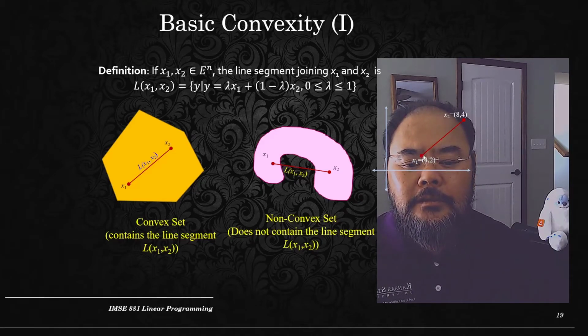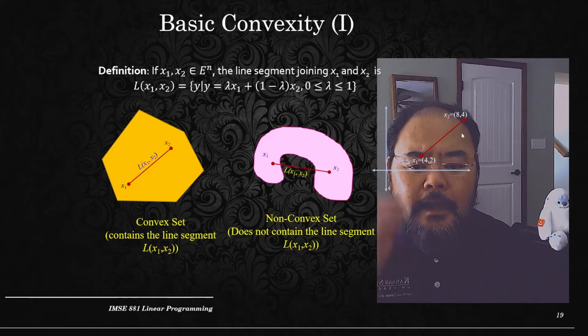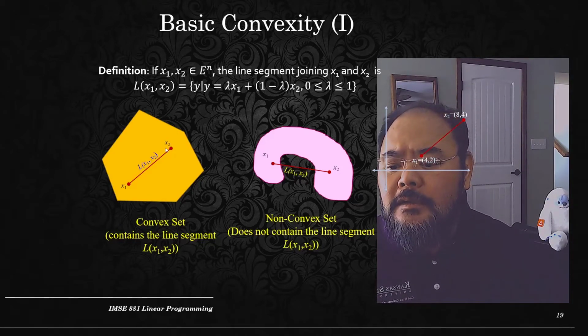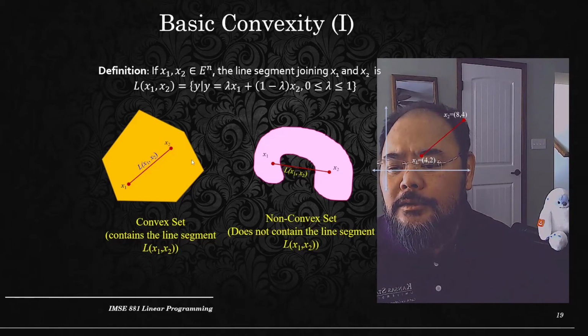That means it's a convex combination of these 2 points. If this line segment is inside the entire set of the feasible region, then this region we call a convex set.